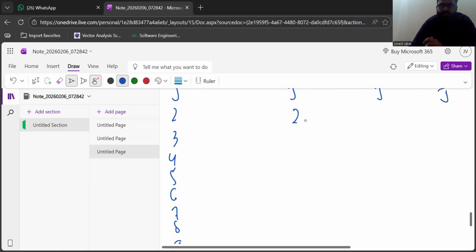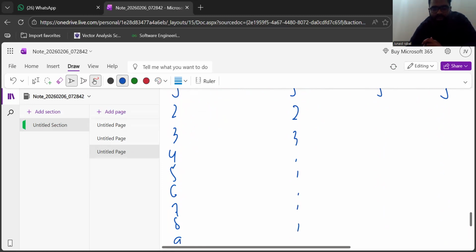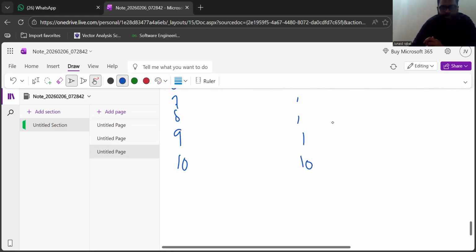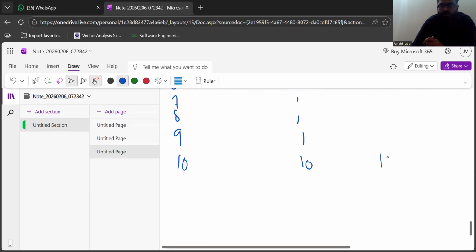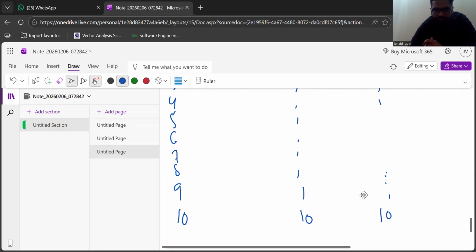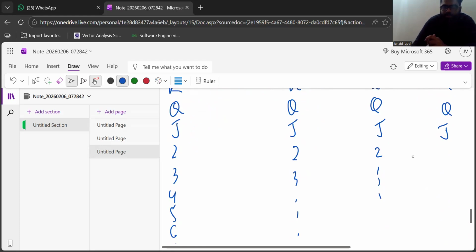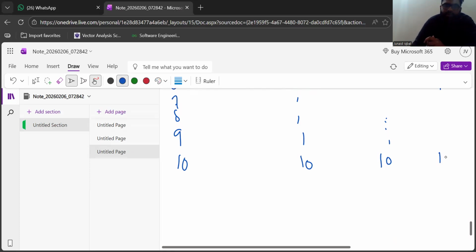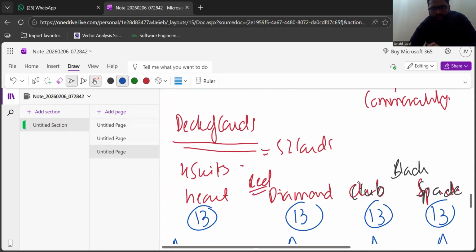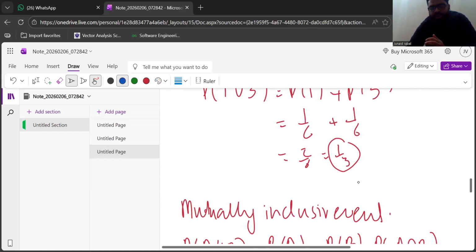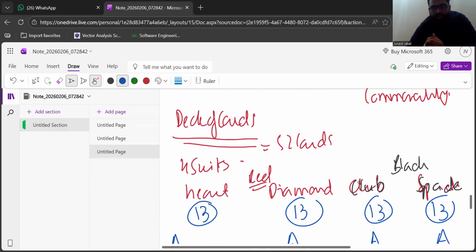Similarly, this repeats for the other suits, each totaling 13 cards. So 13 for all, and these total 52.